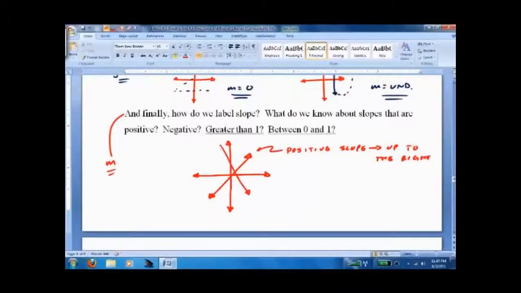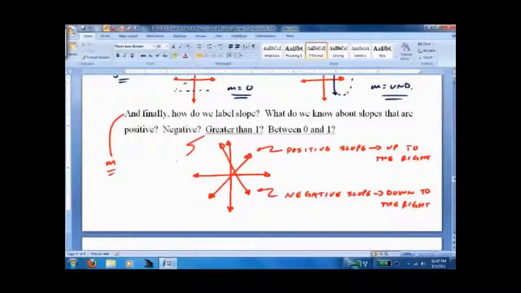Negative slopes are down to the right. And some people want to say up to the left, just keep it all to the right so you can keep it straight. And I always go through this because if you do a problem and you find out you have a positive slope, but your line is going down to the right, please fix it.